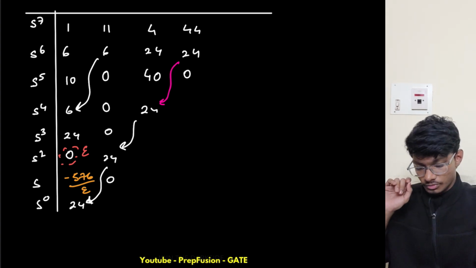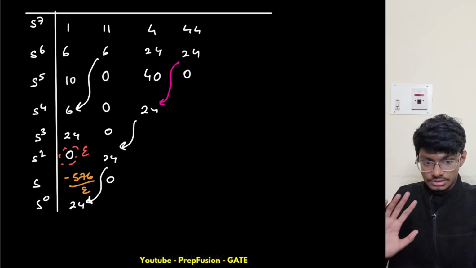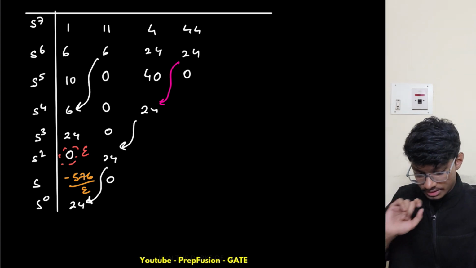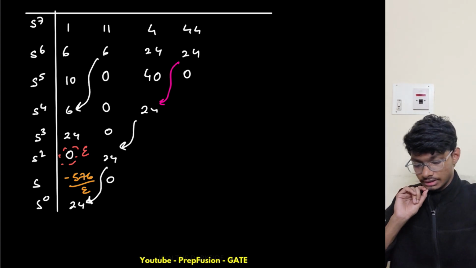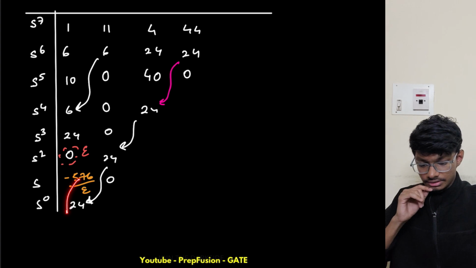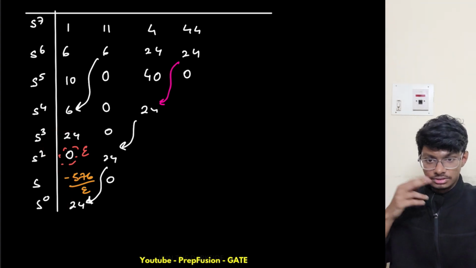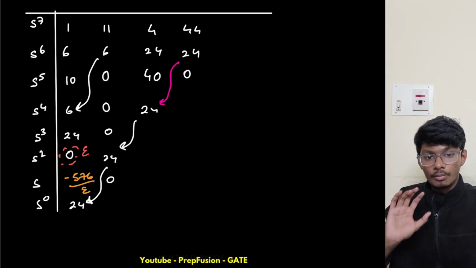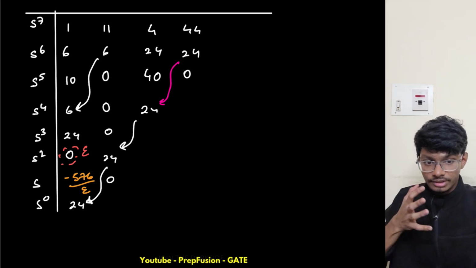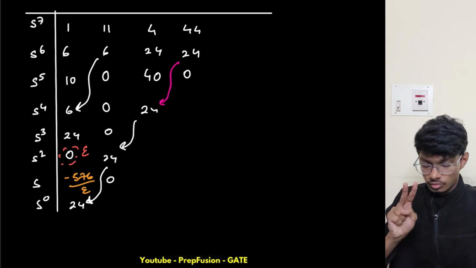Tell me how many sign changes there are. If I look at this carefully, I have one sign change here and one sign change here, so I have two sign changes. So how many roots will I have in the right half plane? I will have two roots in the right half plane.